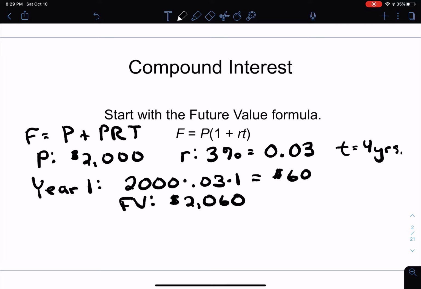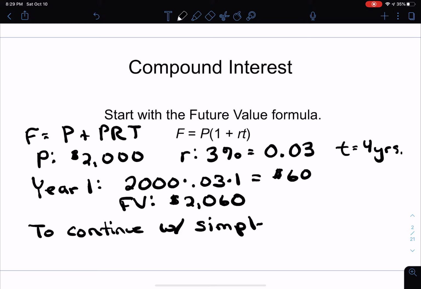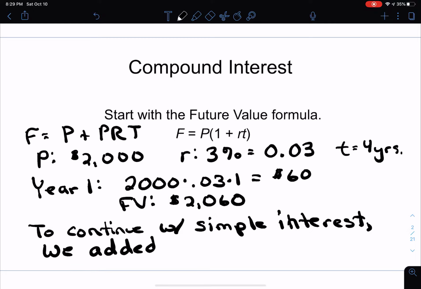And to continue in simple interest, we added $60 each year. It was an arithmetic growth, very linear, because you're adding the same amount year after year. So when we plotted it, we had a nice line.